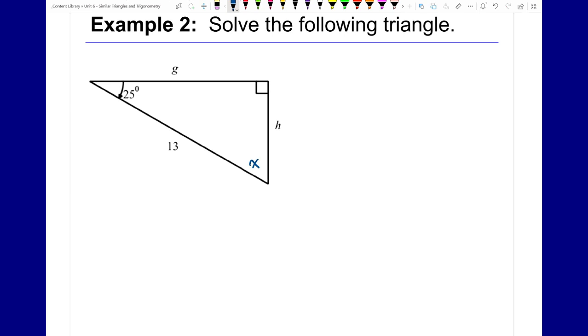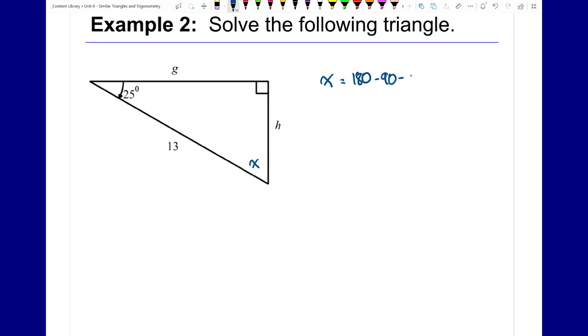Now, in some cases, we can use trig. In some cases, we can use other properties or other formulas that we've learned previously, mostly last year in grade 9. So I can actually find x right now by subtracting my other two angles from 180. Right?